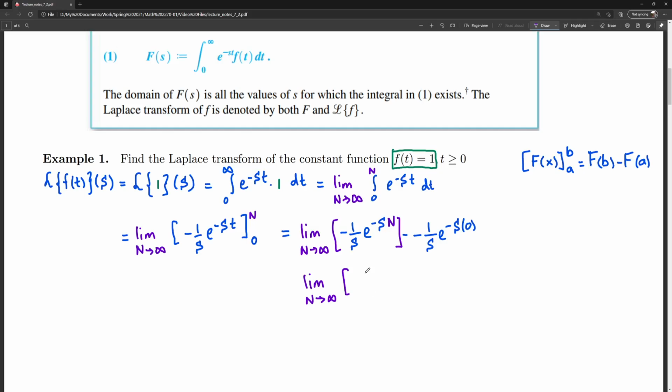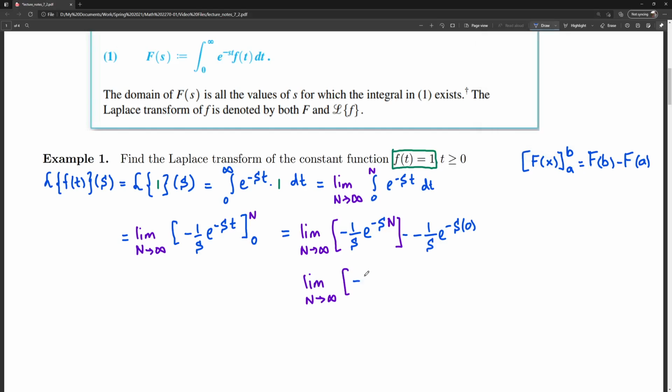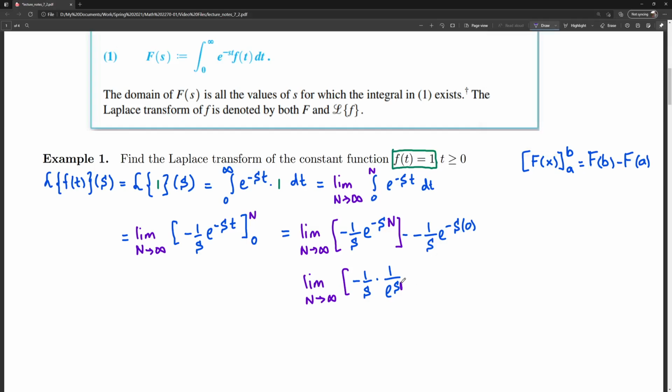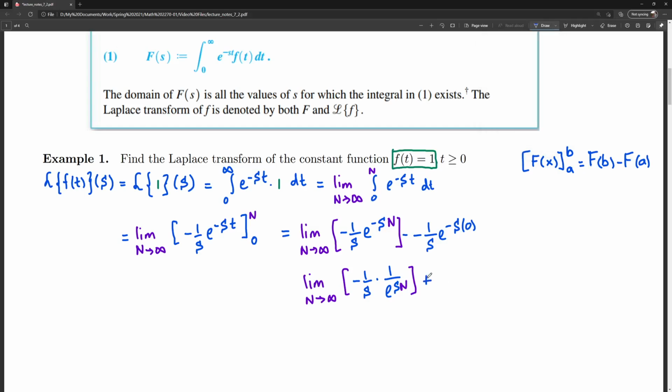I can rewrite that as negative 1 over s, times 1 over e to the power sn. And then this becomes a plus, and this is 1, so that's plus 1 over s.